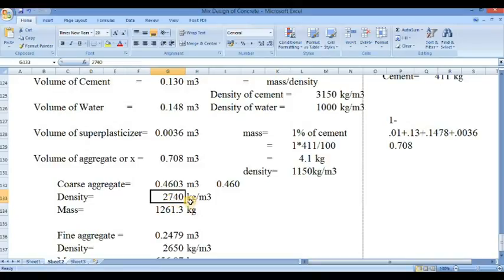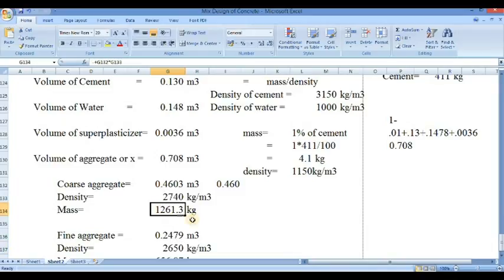For coarse aggregate, you can check it for your site aggregate by the method already described in the IS code, or you can take the standard value as 2740 kg per meter cube, or a specific gravity of 2.74. For sand or fine aggregate, the specific gravity is 2.65.